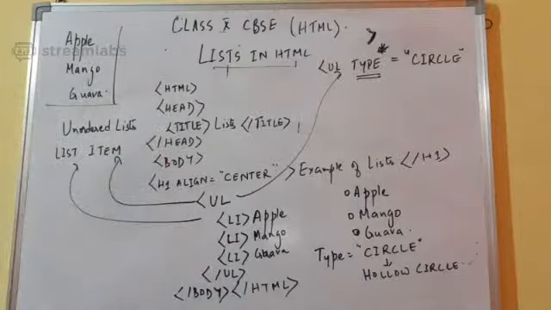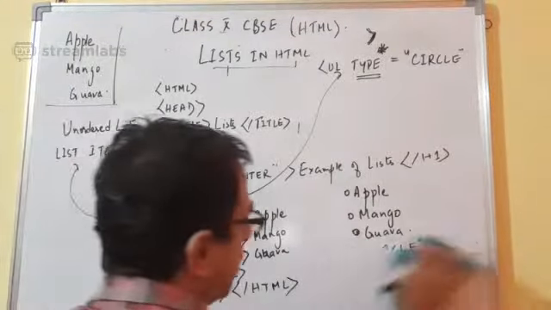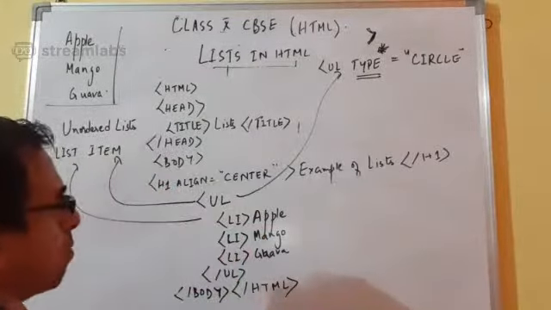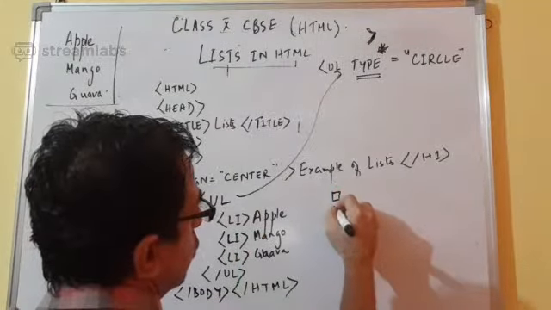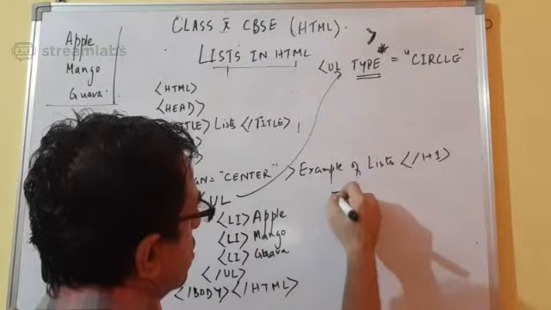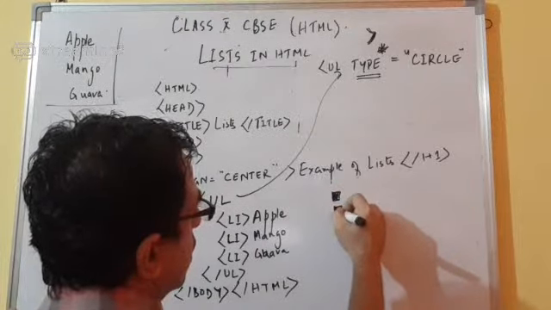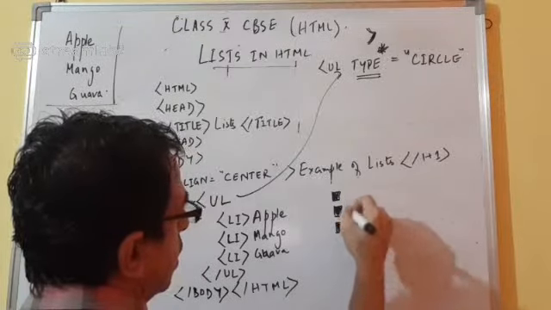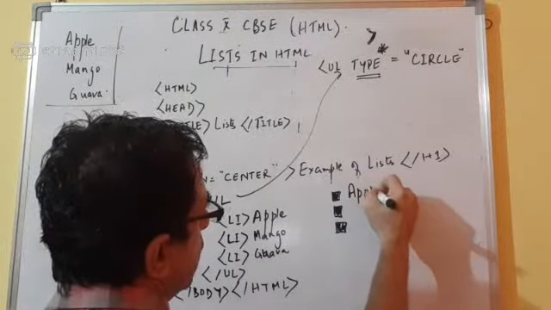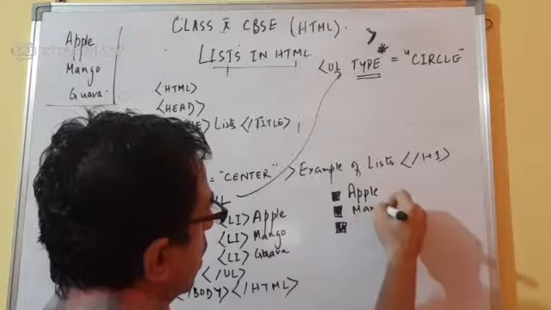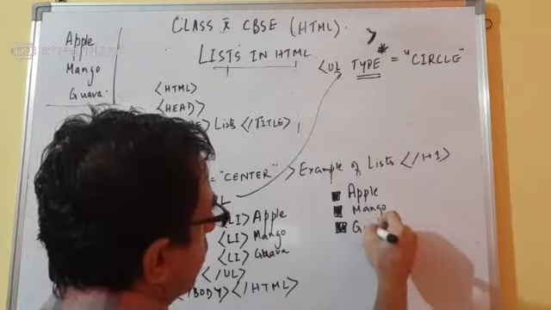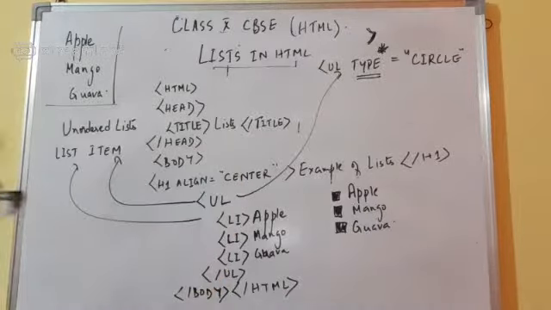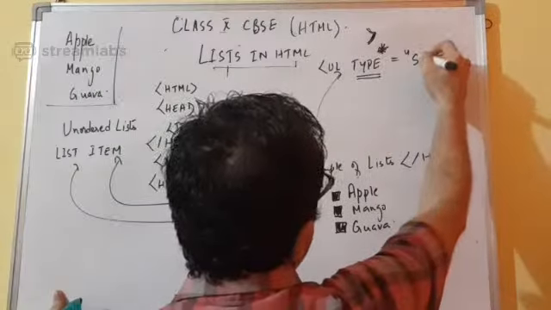Okay, I hope this is clear to you. Any doubt? One more symbol you can use: if you want to represent your list using square boxes, like apple, mango, and guava, you write type equal to square.